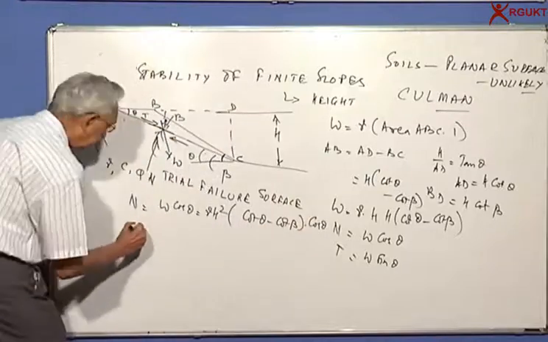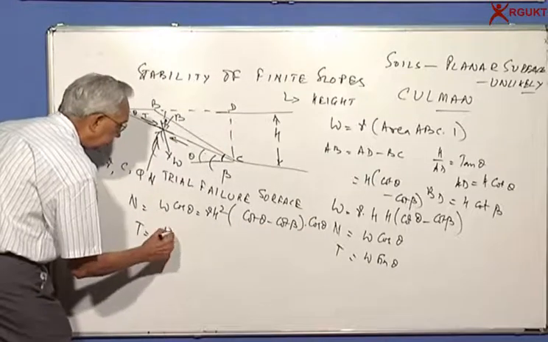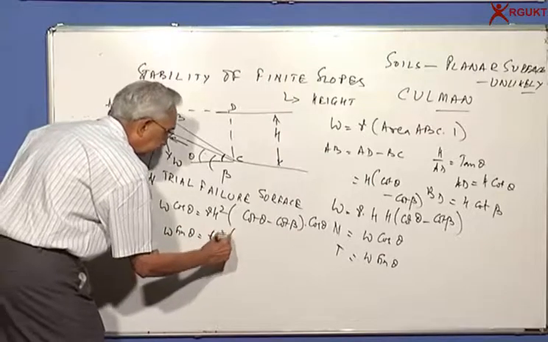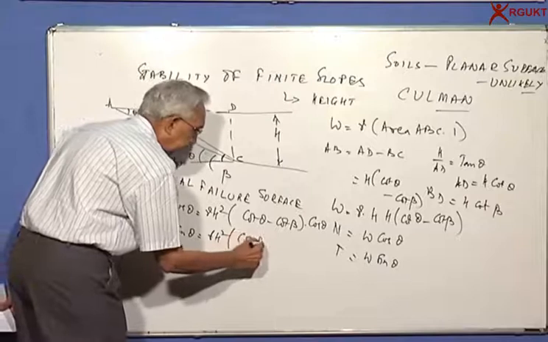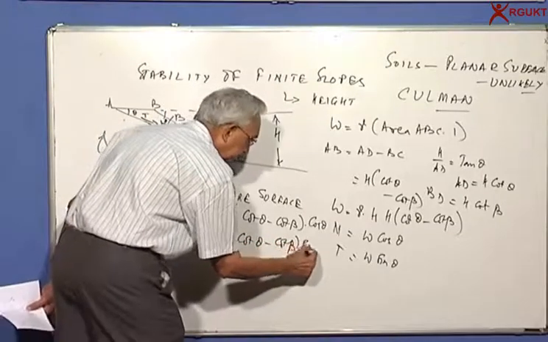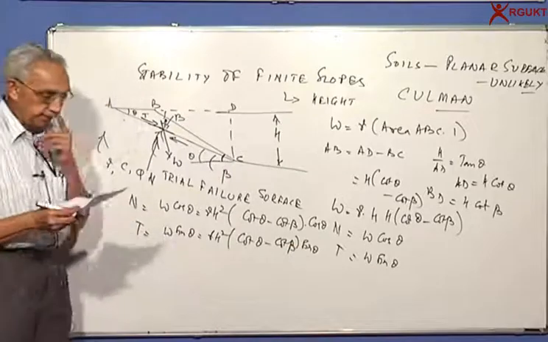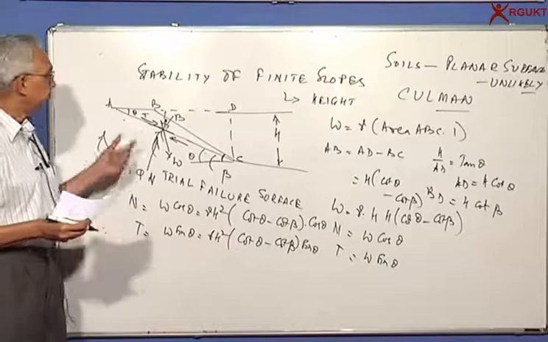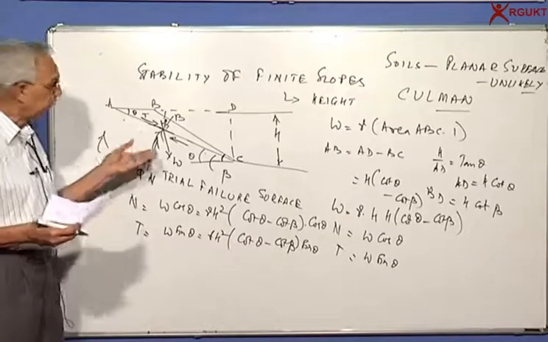And the shear force T is equal to W sine theta, so it's gamma h square cot theta minus cot beta into sine theta. And if you want to find out the stresses, I have to divide by the length AC times unit distance.